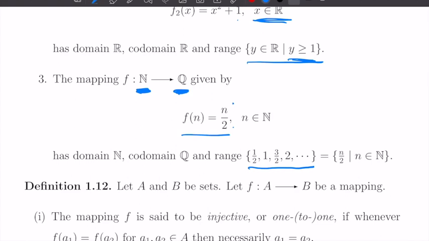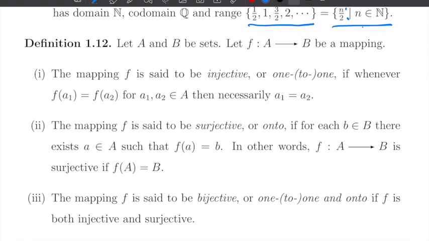Let's call it half integers: 1/2, 1, 3/2, 2, 5/2, and so on. So this is the set of natural numbers divided by 2. So this is the range. So far so good?